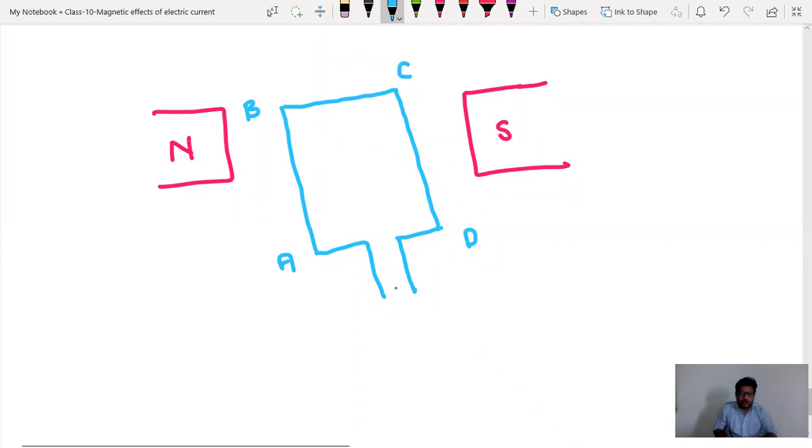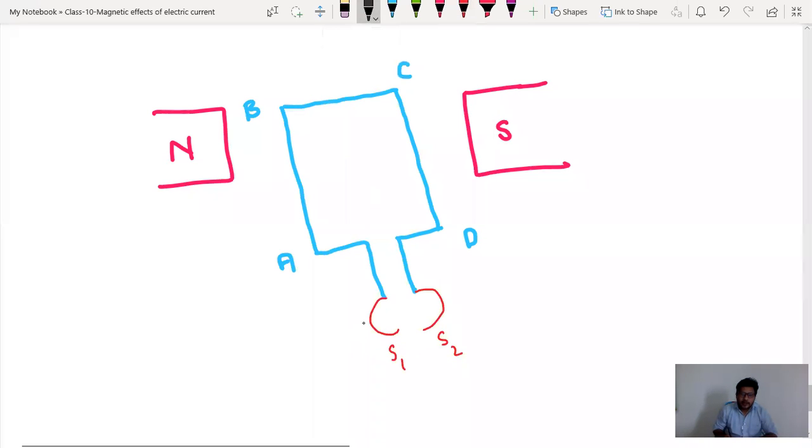Now we are talking about a DC motor, so we have to use a split ring. Connect these two ends of the armature to two split rings. Here we have one split ring, here you have another split ring. If you want, you can name them S1, S2, first split ring, second split ring.